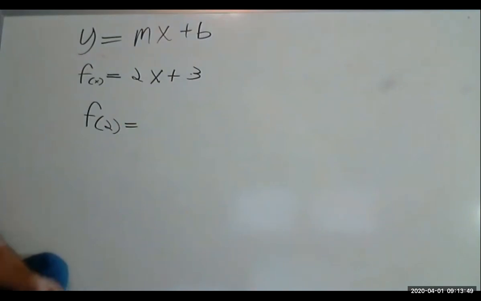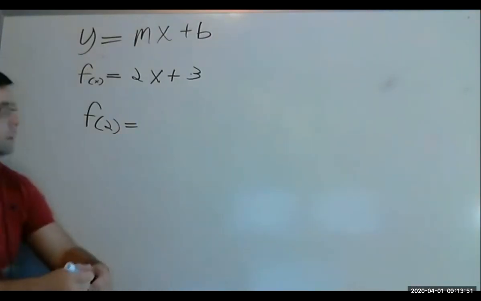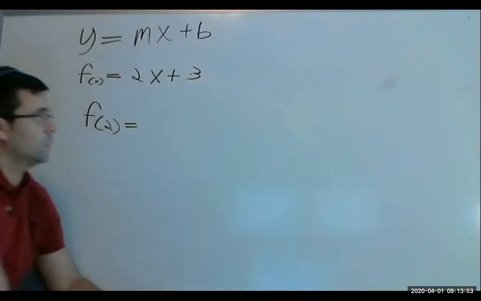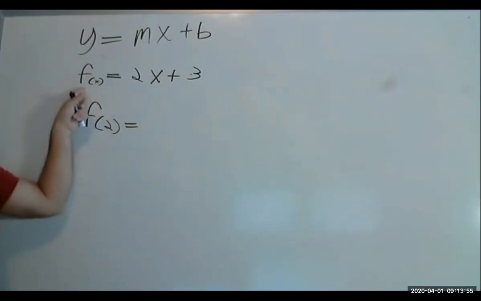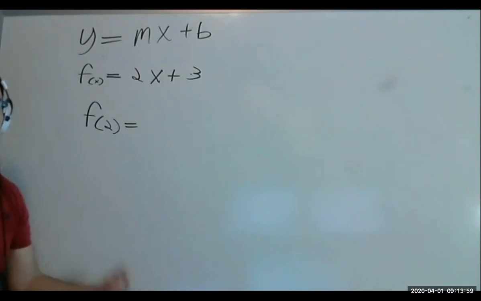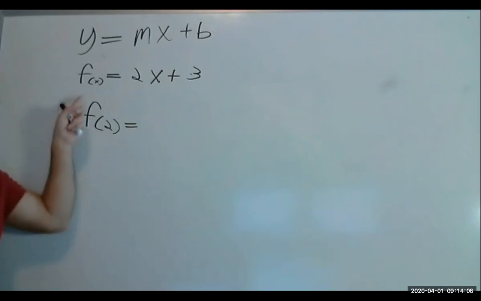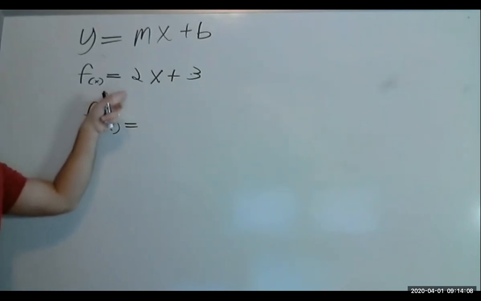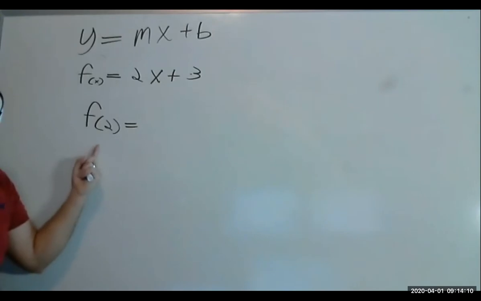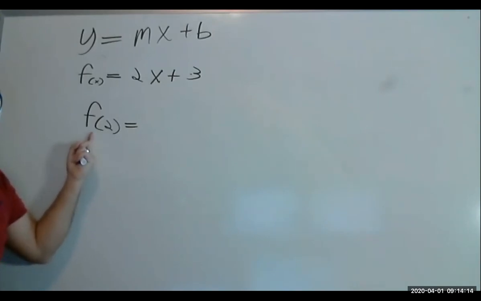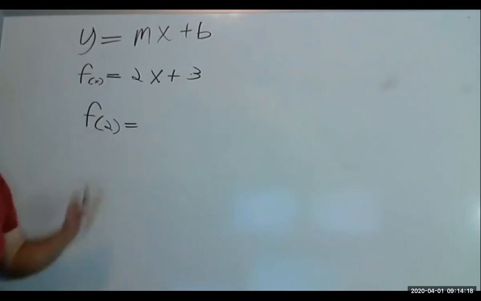No? Okay. Well, so this is a function of x. Whenever you have anything inside of here, after we have already defined what f of x is, all you do is take that function f, and everywhere you had an x, you put a 2.